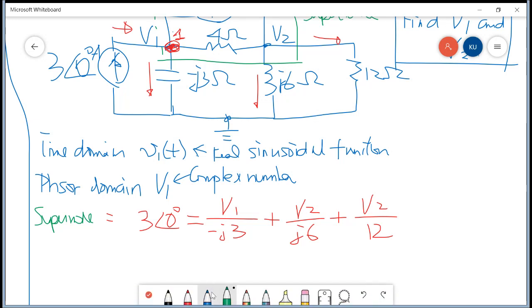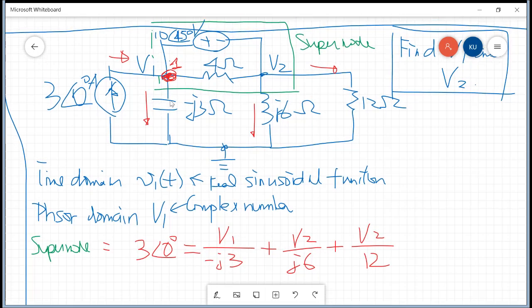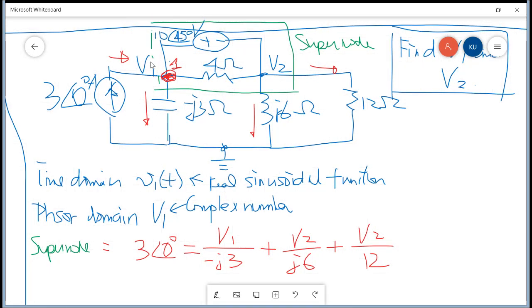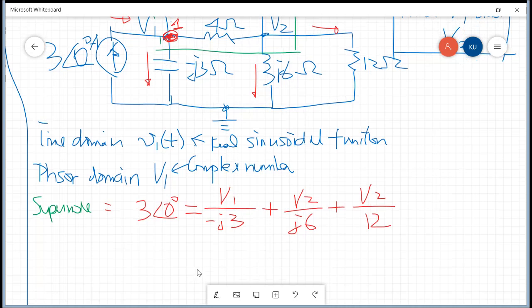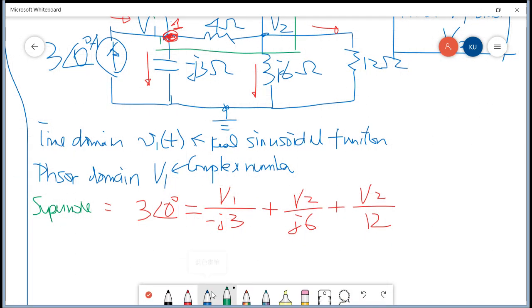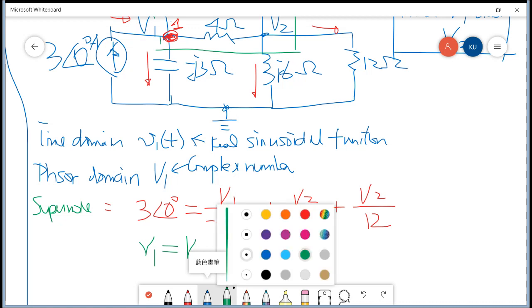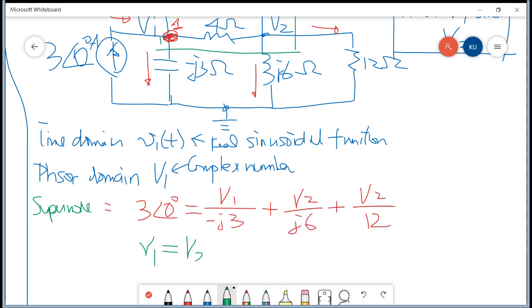And within the supernode itself, we know that V1 is V2 plus 10 at 45 degree, so that we can write V1 equals V2 plus 10 at 45 degree.